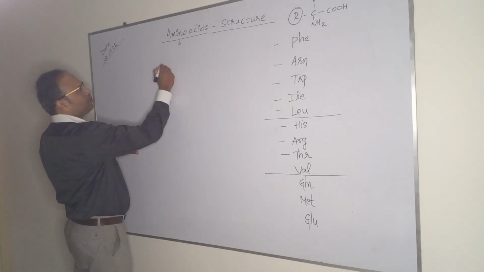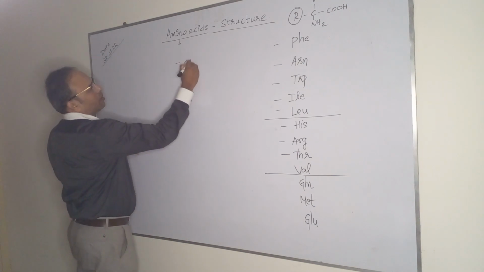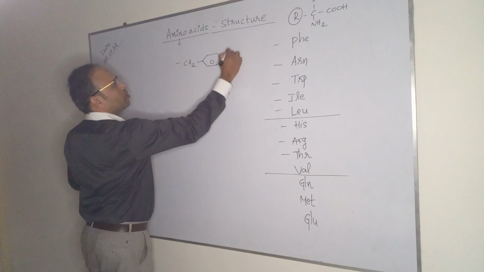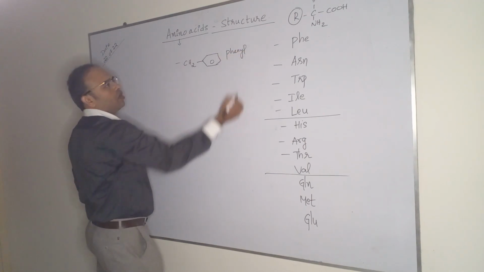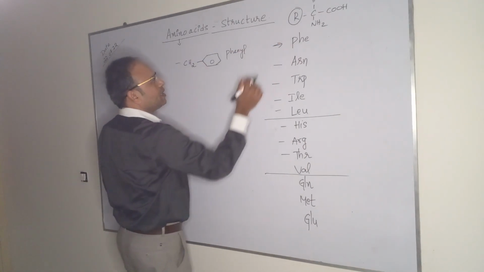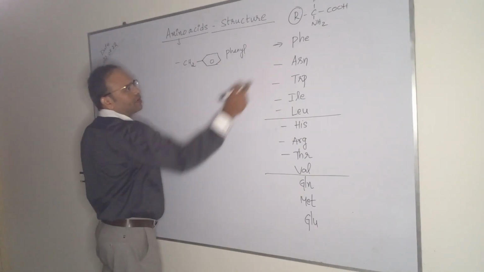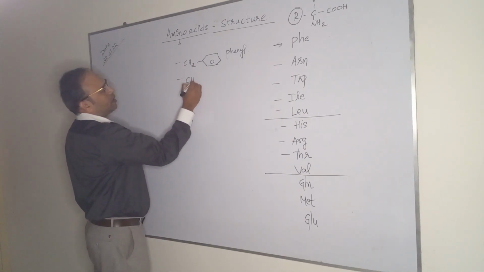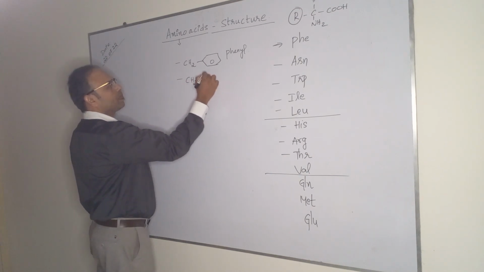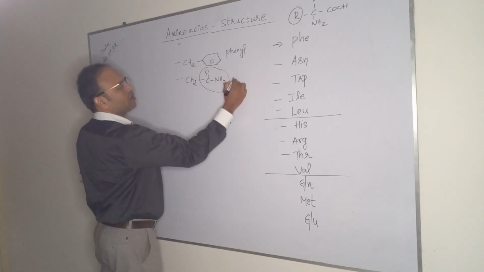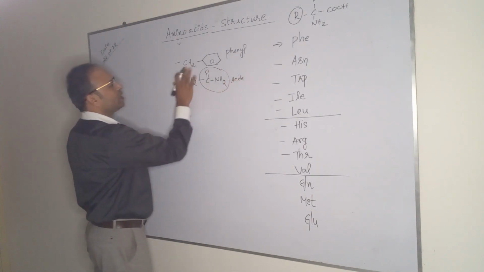Now, first one, CH2 phenyl group. So, what we have to do is, for phenylalanine, write CH2 phenyl group. Next, for ASN, write CH2 group and amide. So, we have to write amide group, CH2 and amide.